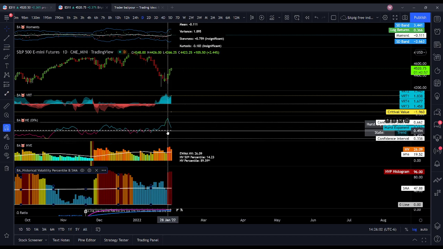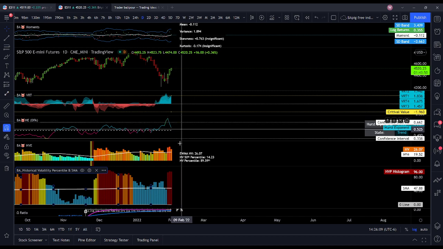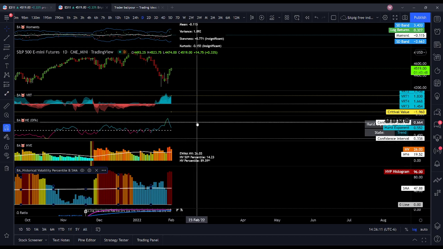But when you see the Hurst exponent and the VRT outside of those yellow lines, that white dotted line, we're dealing with an inefficient market.